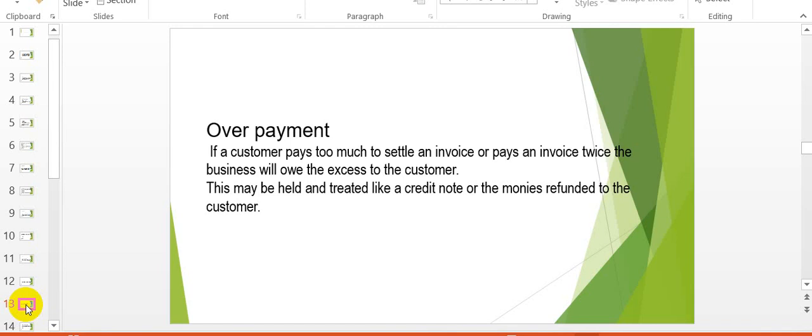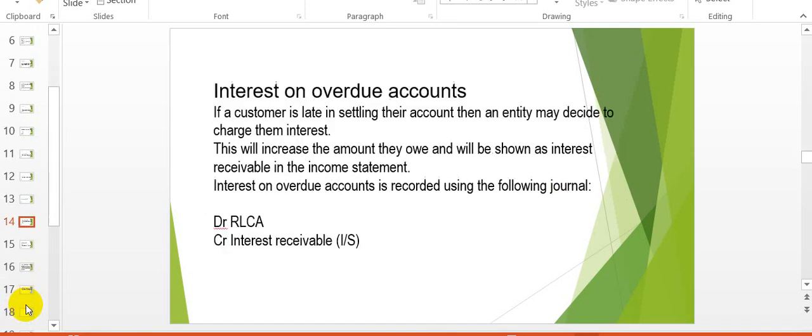In this case, you'll be owing the customer until you refund the customer for the duplicate payment. This duplicate receipt you've received may be treated like a credit note until you've refunded the customer the funds.